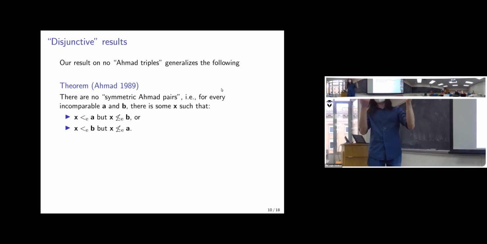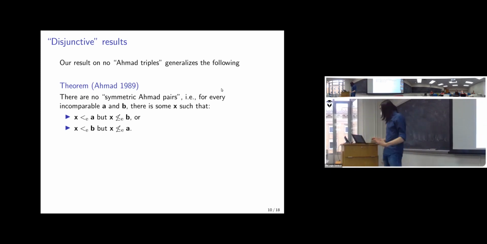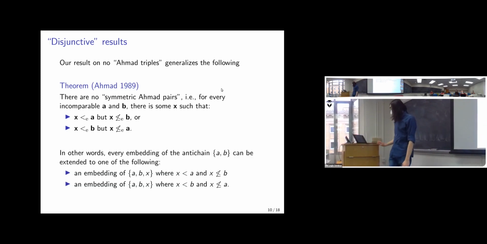If you have A and B incomparable, then either you can find some X which is strictly below A but not below B, or you can find some X which is strictly below B but not below A. This is a special case of our result if you just take C to be equal to A. That's why I mentioned that earlier.